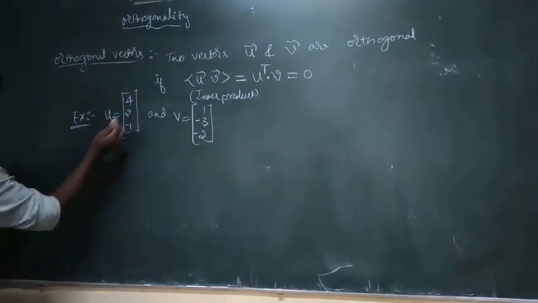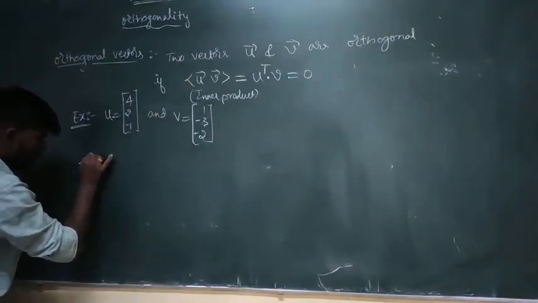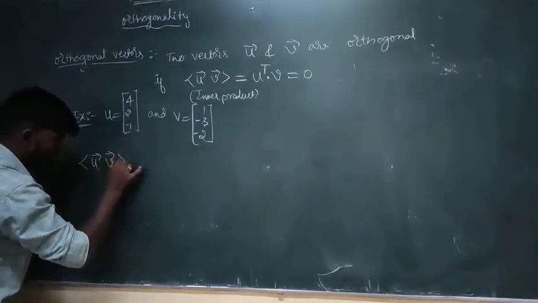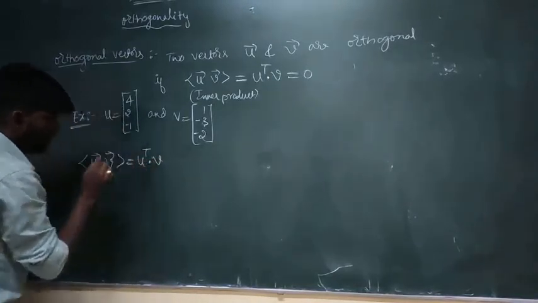Orthogonal means their inner product is zero. First we have to find their inner product. The inner product of u and v is u transpose dot v.